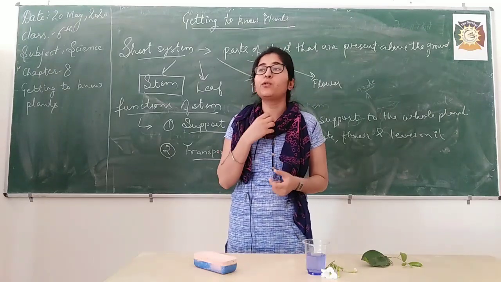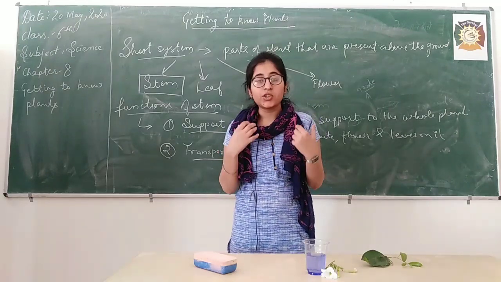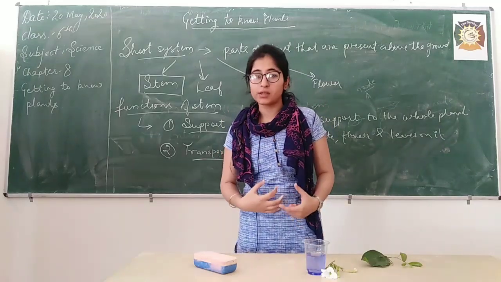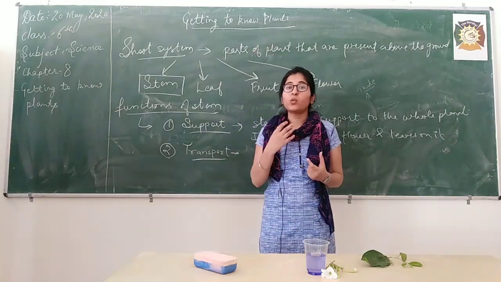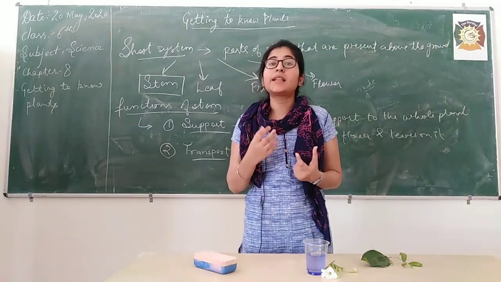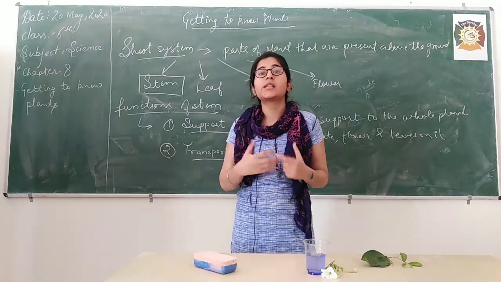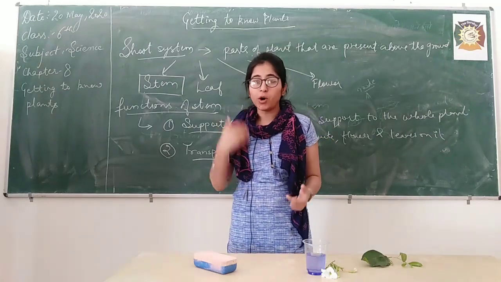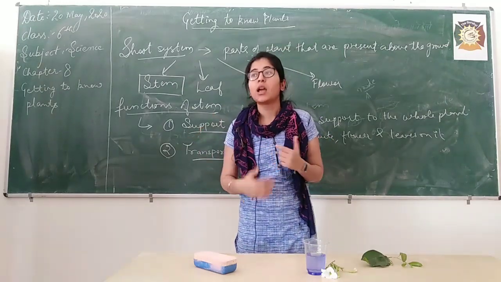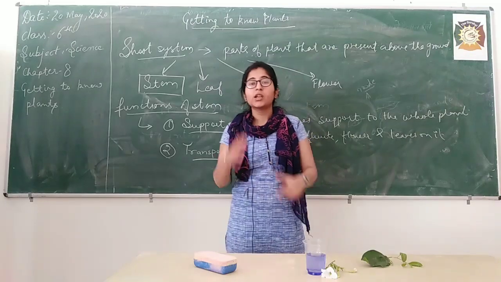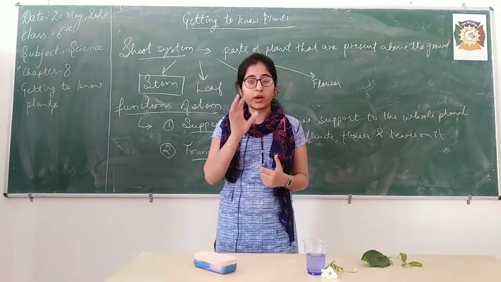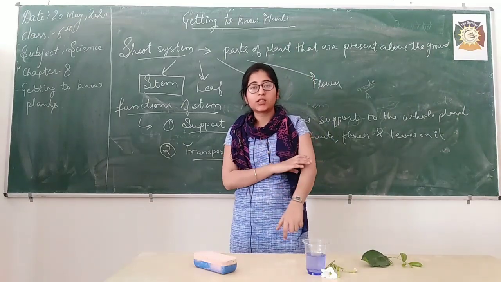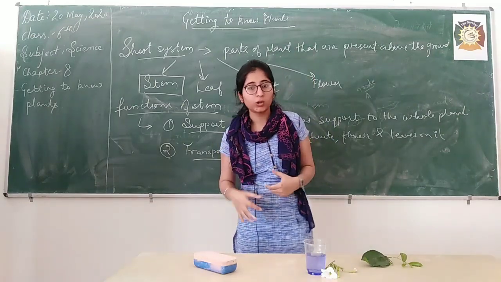I am eating food from my mouth, but energy is required by my whole body. So there is a transport system in us, right? We take the food, it is digested and the energy produced is transferred to the whole body. Like I can move my hands, I am moving my legs. All these processes require energy. We eat food from mouth, but the energy is transferred to the whole body.